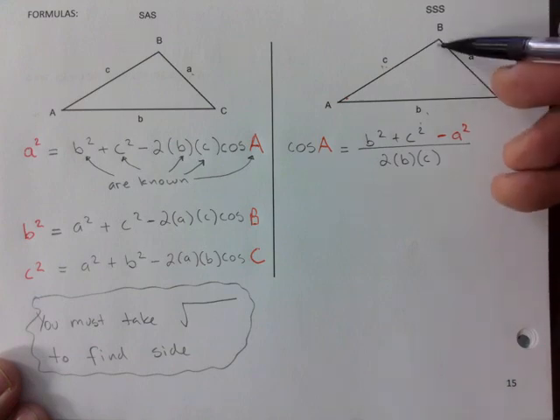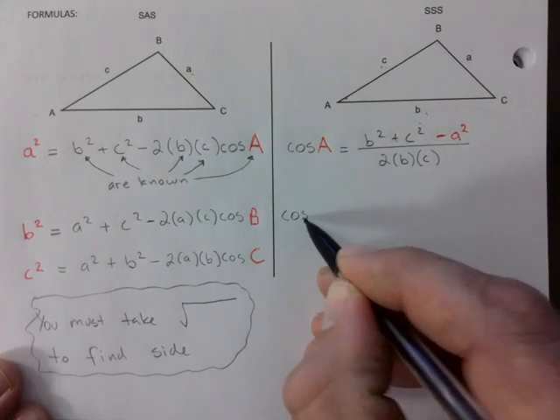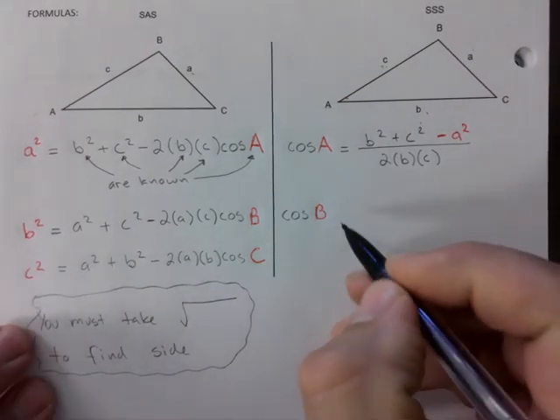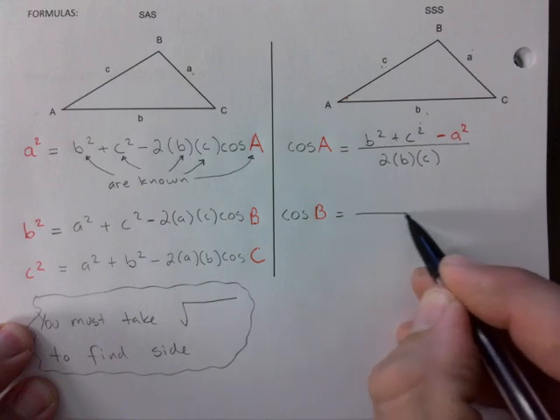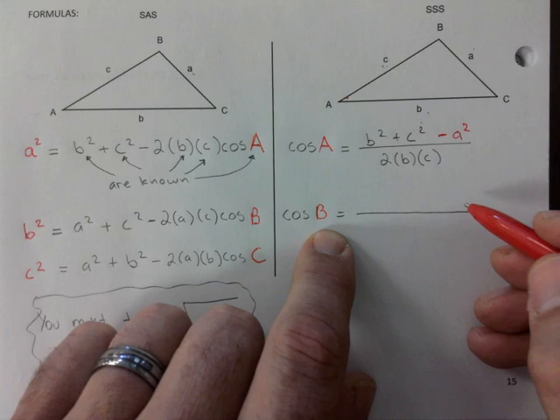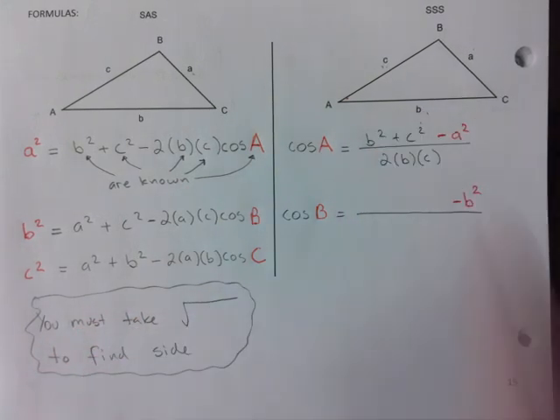If you wanted to solve for this angle here, B, you would start your equation like this. Cosine of angle B, line across. The first thing I would suggest is make sure you go get your side B and you go minus B squared like that.